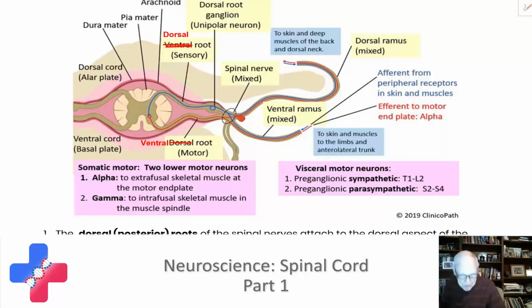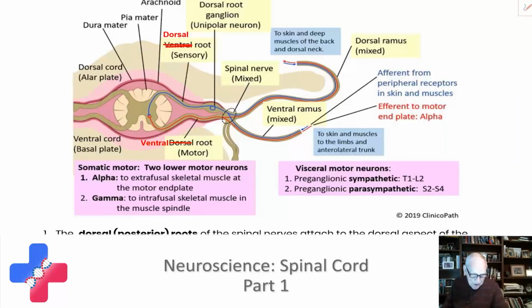And although volumes of books and papers galore have been written about the spinal nerve, it's a very small little segment, because once the combined spinal nerve leaves the vertebral column, it divides into its two main distal branches, which are the continuation of the spinal nerve. And these are the dorsal and ventral rami.